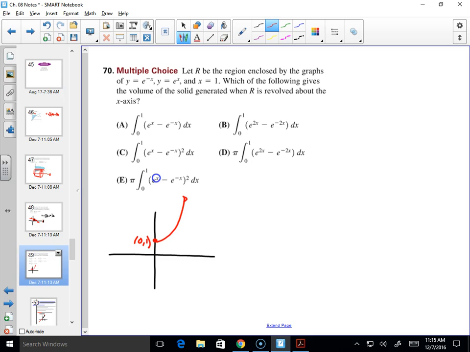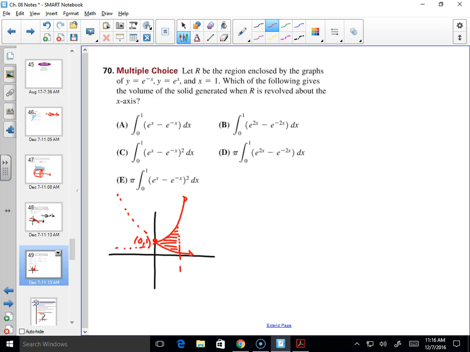So we have that one, and then we have that one. So it would be going this way, and x equals 1. Oh, that's what I did wrong. Because you have to make the boundaries what they say. So either negative x, positive x, x equals 1.